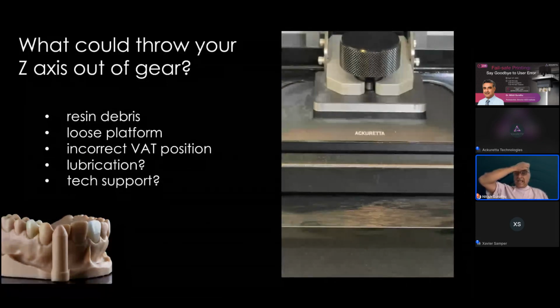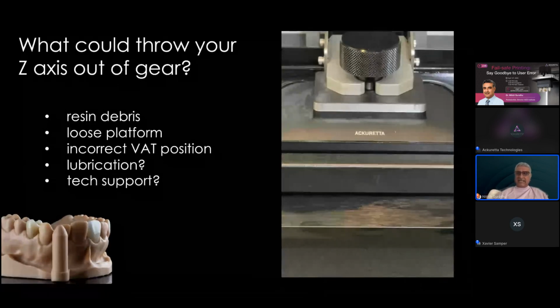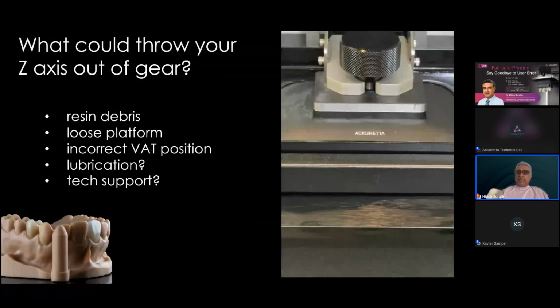Try and imagine what happens if this platform comes down on some debris. That debris gets in the way of the platform enclosing exactly a 50 micron thickness. When it does that, the Z axis of your printer is thrown out of gear because the printer thinks that where the debris is stopping the platform from descending any further is the limit of the Z axis. And that creates a really big problem.